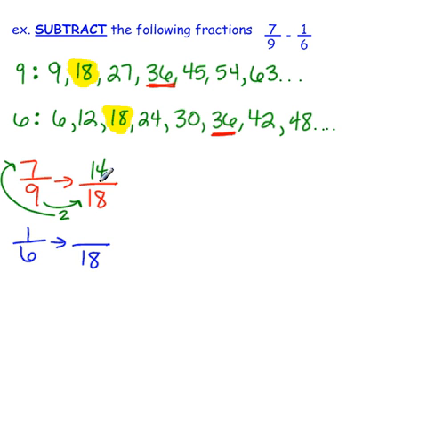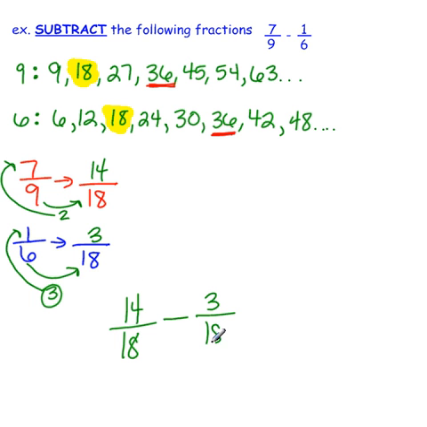So that is our first fraction, standing in the place of 7/9, is 14 over 18. Minus, let's find the equivalent fraction over here. 6 goes into 18 3 times. 3 times 1 is 3. There's our second equivalent fraction. 3 over 18.